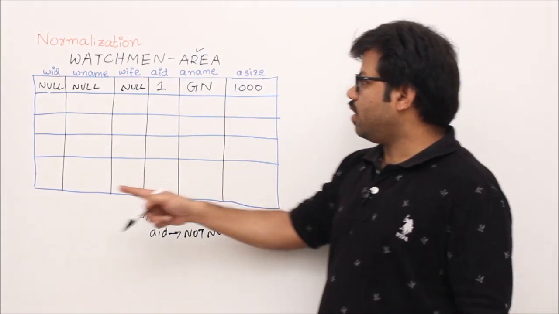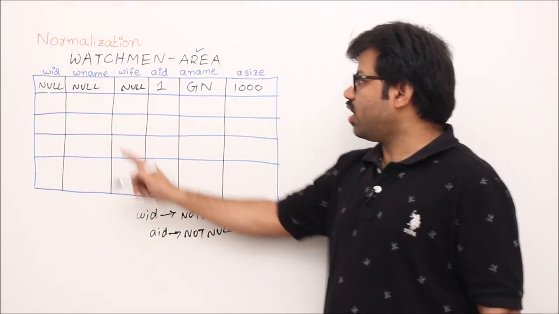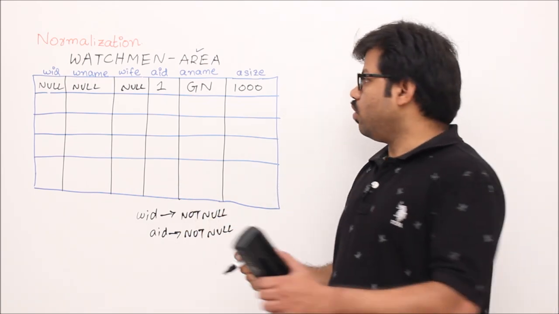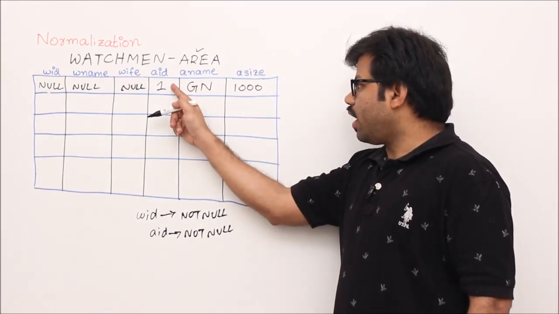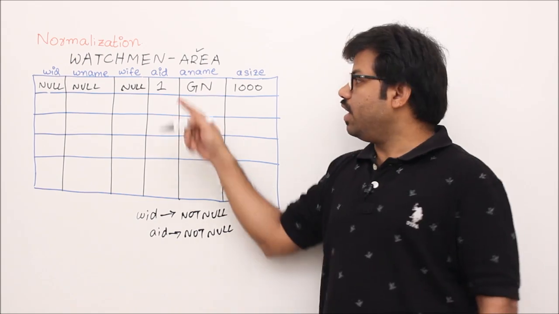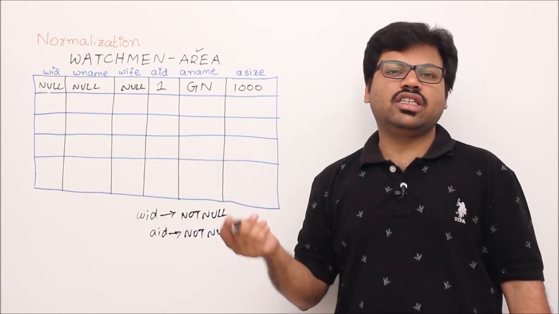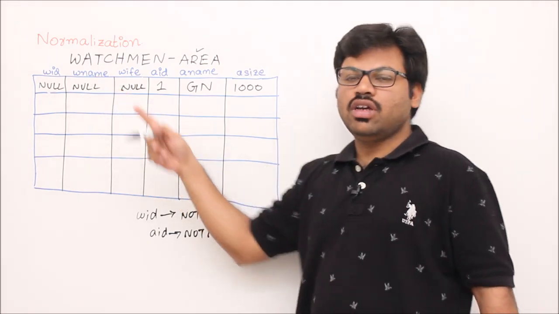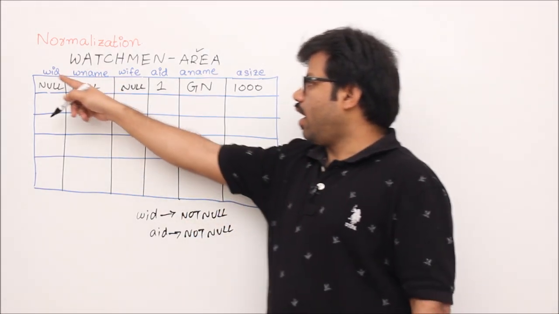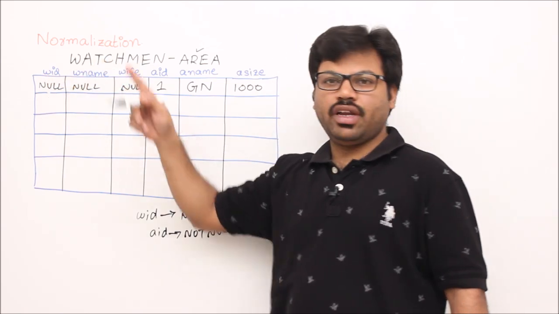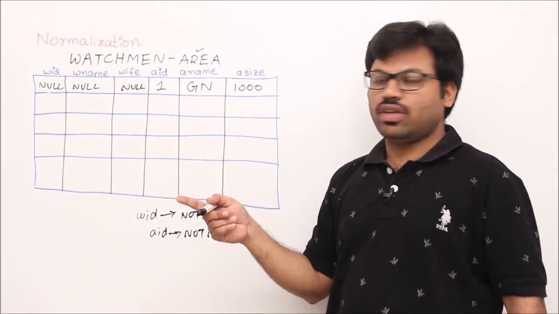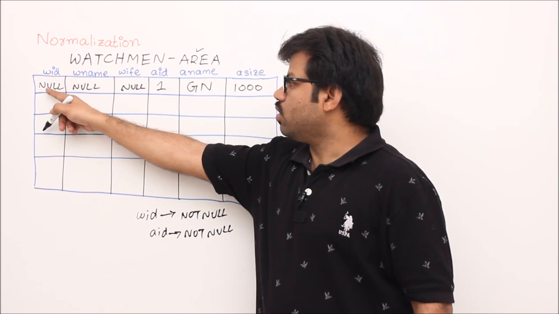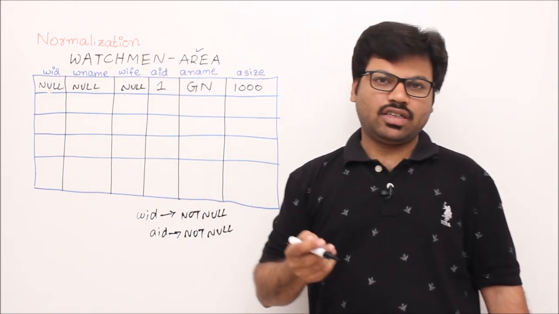But I already have a constraint that watchman ID cannot be null. So I can understand that to write area information, we need watchman information. If there is no associated watchman, then we have to write null values, but we can't, because watchman ID should be not null and area ID should be not null. So you are facing a problem at watchman ID, correct?